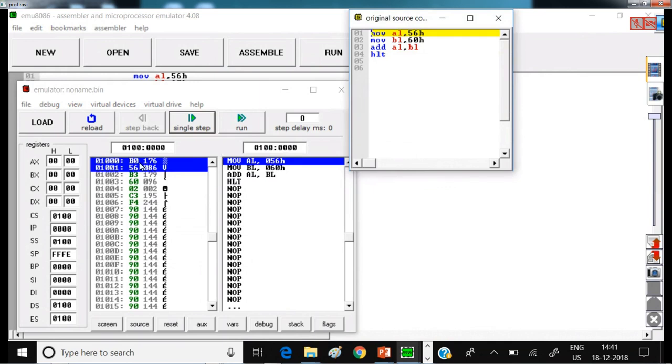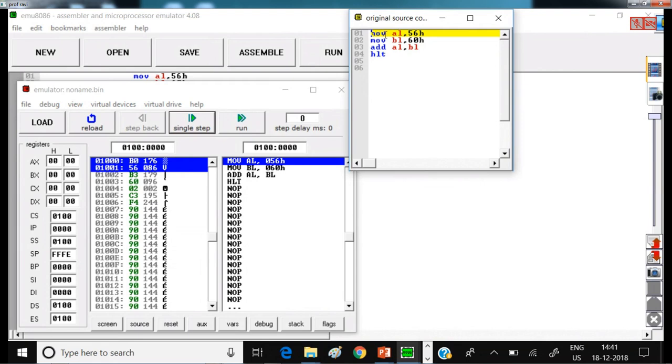This gives me the memory field, 010000. In the last class I told you how to generate a physical address. The physical address is a 20-bit address, 010000, which is where you are writing.